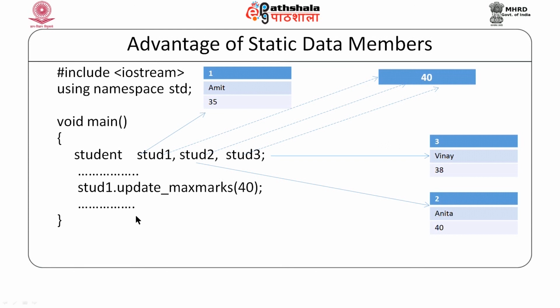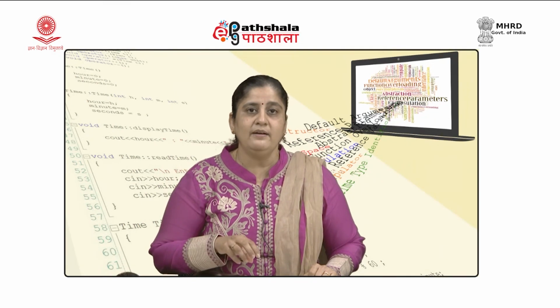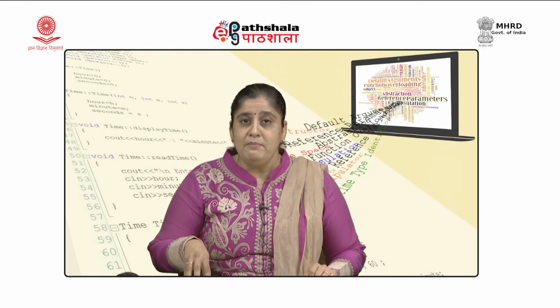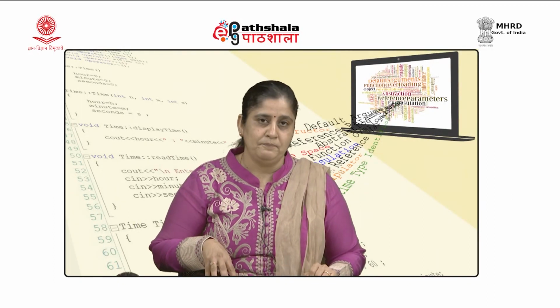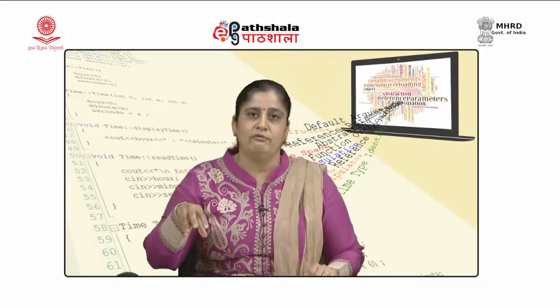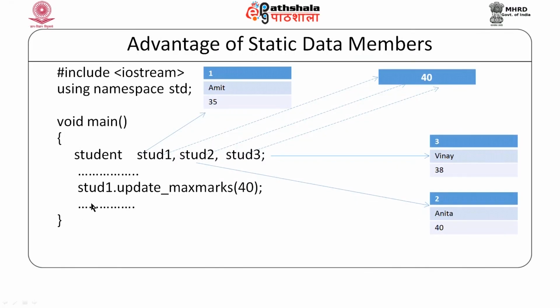Now, how do I do that? I can invoke again the update max marks function. Now, we know that update max marks is the member function of the student class. So, for the invocation of that function, I need an object. The member function of any class cannot be invoked without an object. So, if I want to invoke a member function of a class, I need to invoke it by means of one object of that class. So, here we are invoking it as stud1 dot update max marks.